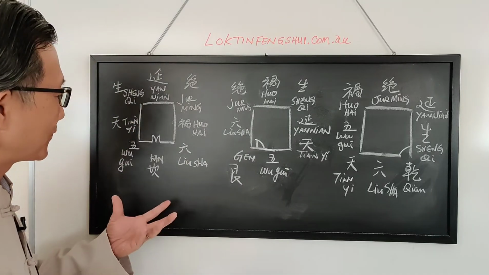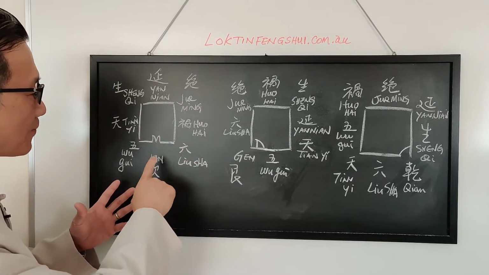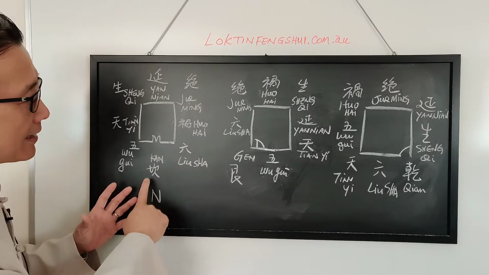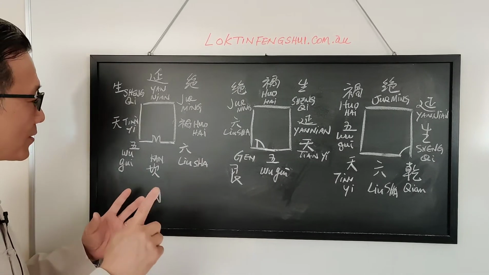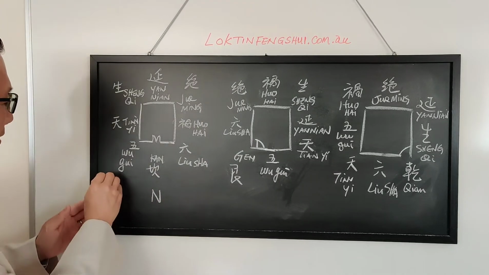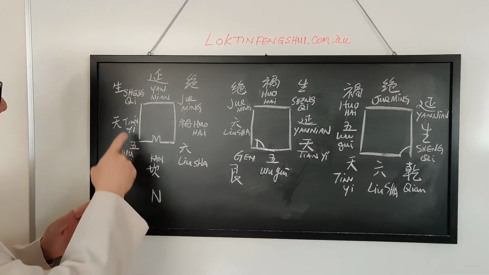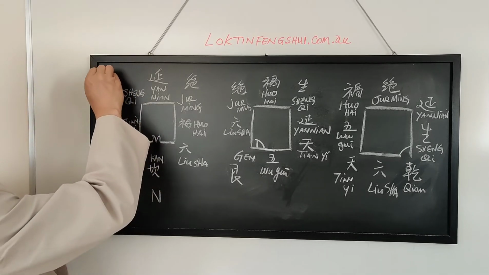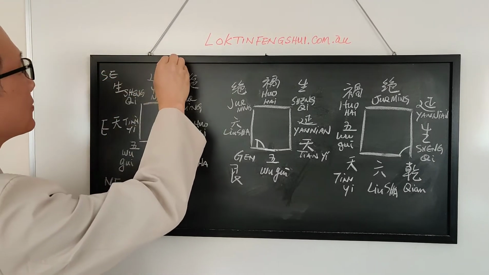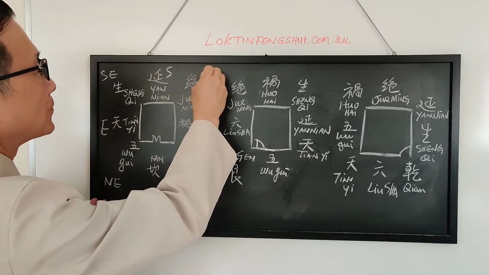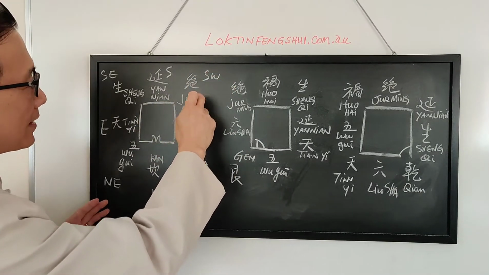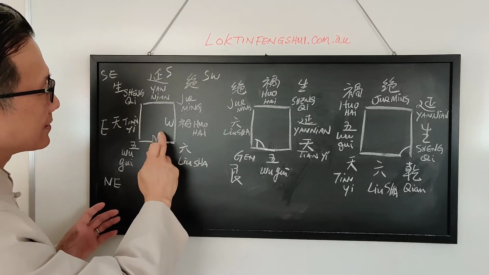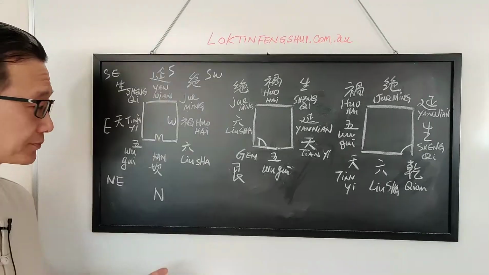So let's say for this one here, we find out this is in the north area. The rendering style will be: in the northeast the Wu Gui, in the east the Tian Yi, the southeast is the Sheng Qi, the south is the Yan Nian, the southwest is the Jie Mi, the west is the Huo Hai, and the northwest is the Liu Sa.